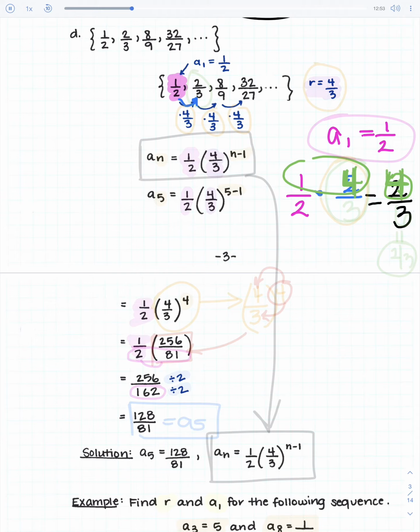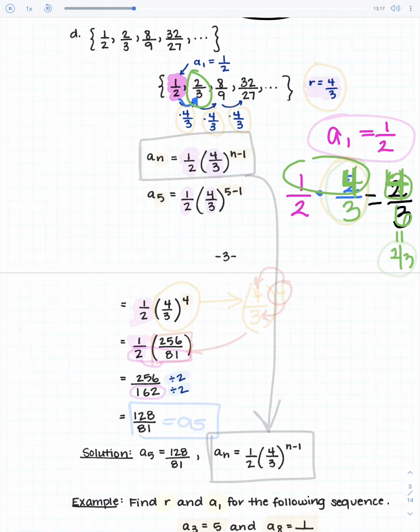Well, the only thing I can multiply by to get that bottom to reduce to a 3 is if I multiply it by a 3, which will give me a 6 on the denominator. So that gets me 4/6, and 4/6 does indeed reduce to 2/3, which is what I wanted as my second term.